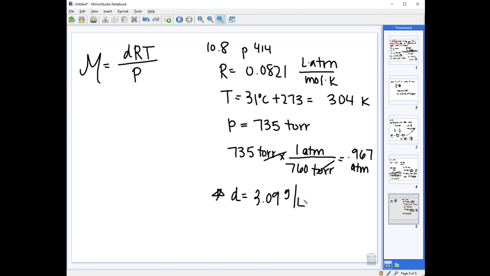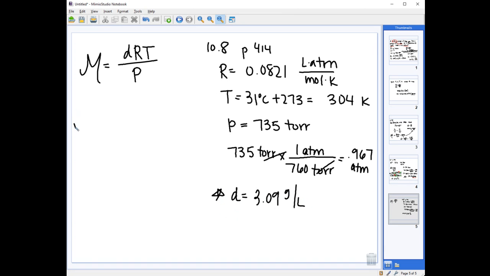So you can determine the mass of your gas. They don't give you the volume of your flask, but they tell you some information about water. When they threw in the density of water at this temperature, you're going to have to use that information. So you can use the density of water equation to determine the volume of your flask, and that's going to allow you to determine your density, okay?